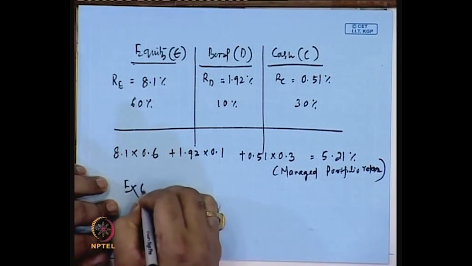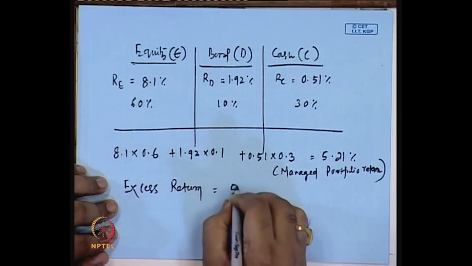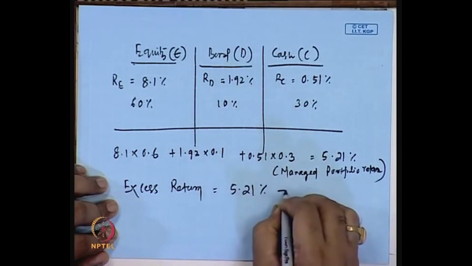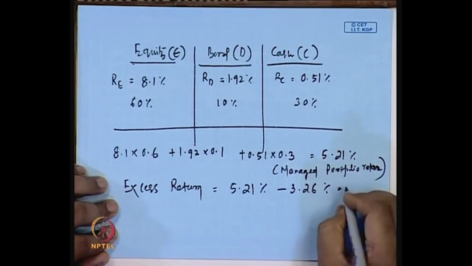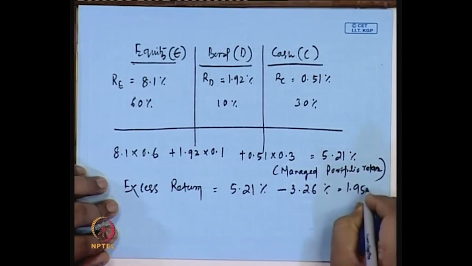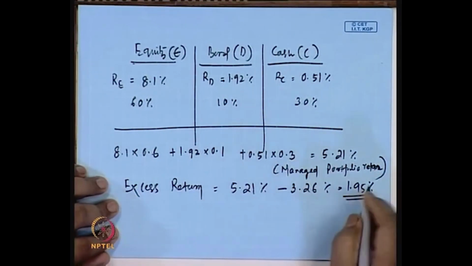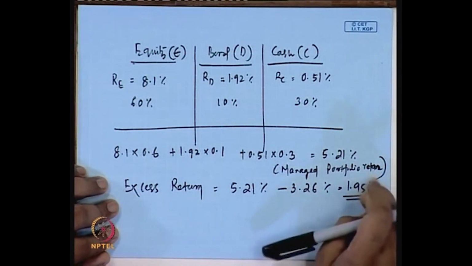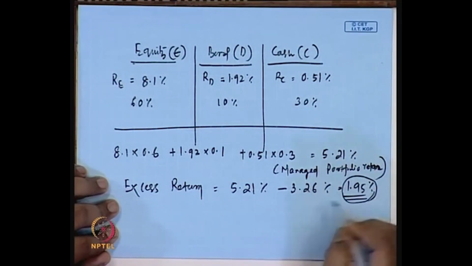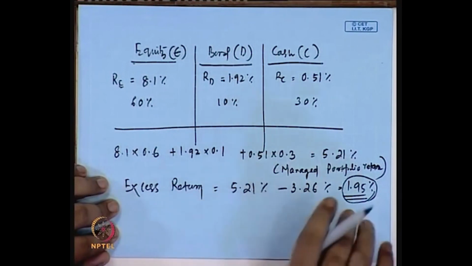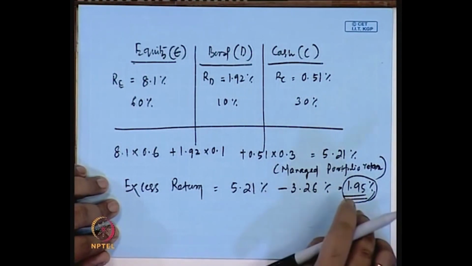Then the excess return you get is 5.21% minus 3.26%, which gives you 1.95%, the excess return. But the question is how this 1.95% has been achieved and who are the contributing factors for this performance.